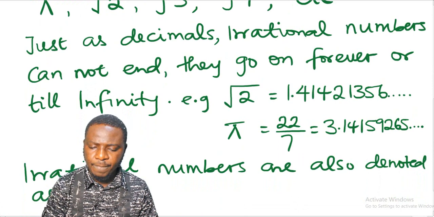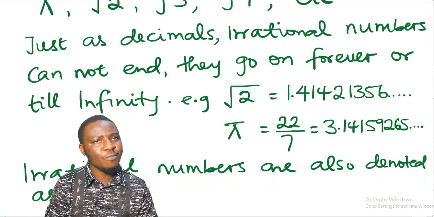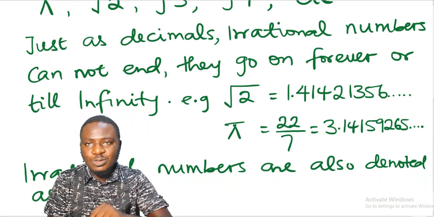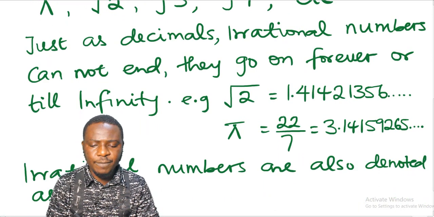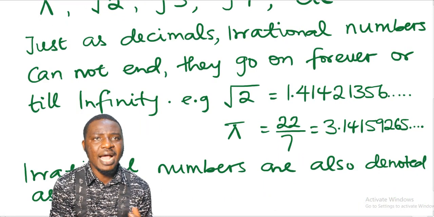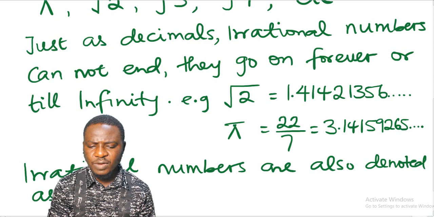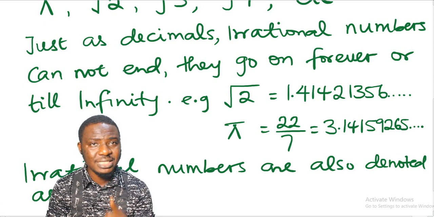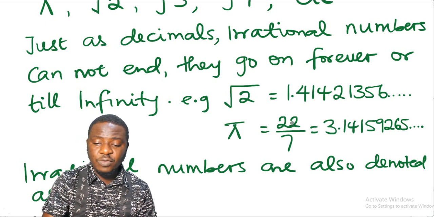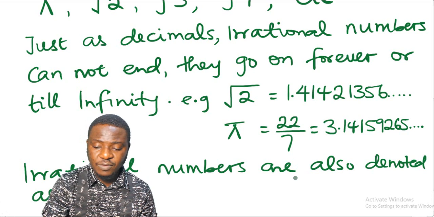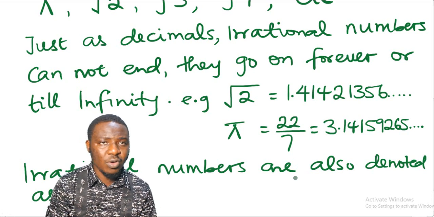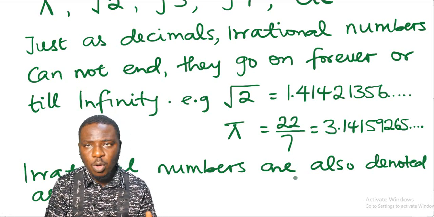Then we have pi, which is an approximate value. An approximate value does not mean it is that value. So 22 over 7, you may argue with me that that is equivalent to pi. Yes, it is approximately equivalent, but it is not pi. Even if you divide 22 over 7, pi is approximately 3.142, as we all know.